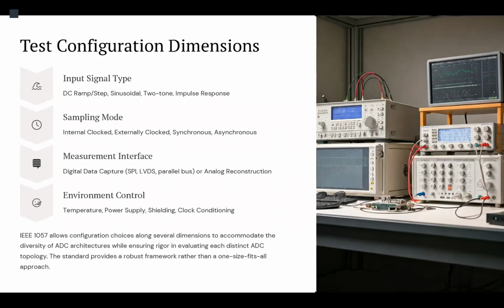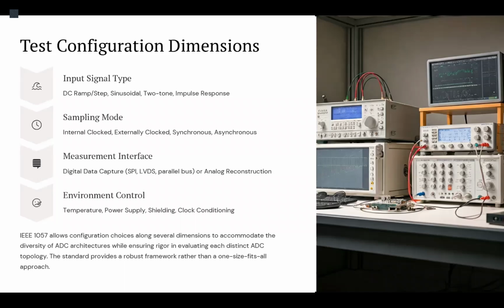Impulse responses are useful for analyzing settling time, overshoot, and frequency domain responses. Besides the input signals, the second dimension is the sampling mode, which is defined based on how the ADC samples the input signals. IEEE 1057 supports multiple sampling configurations.